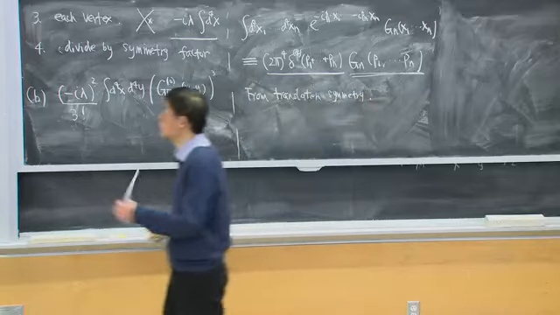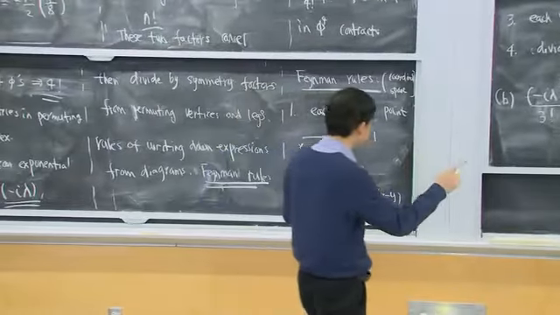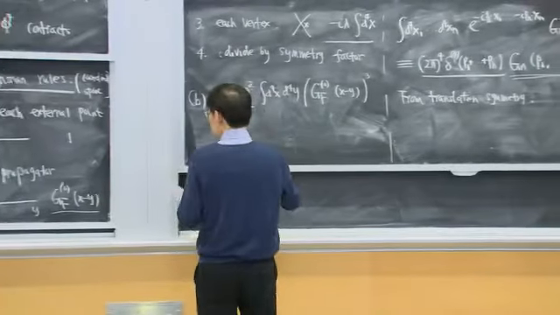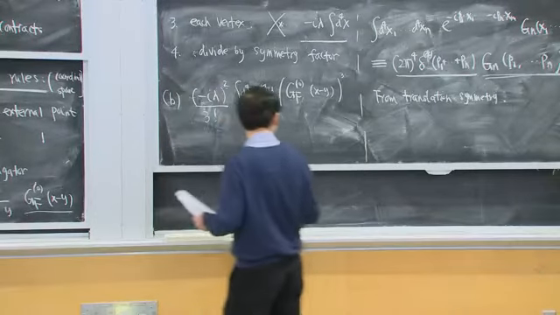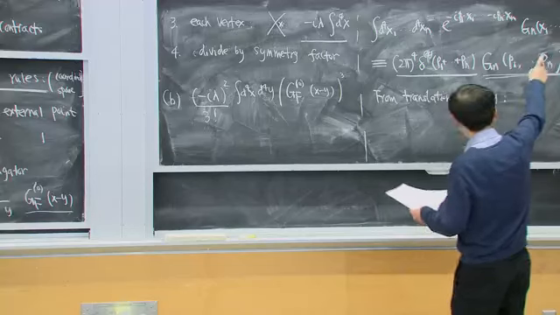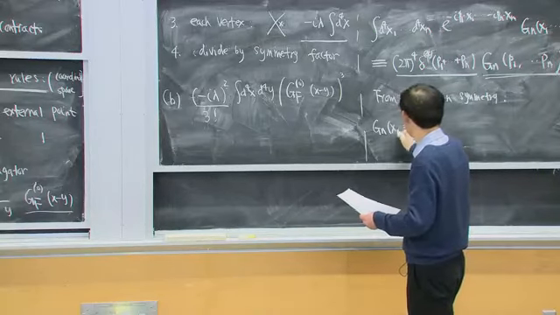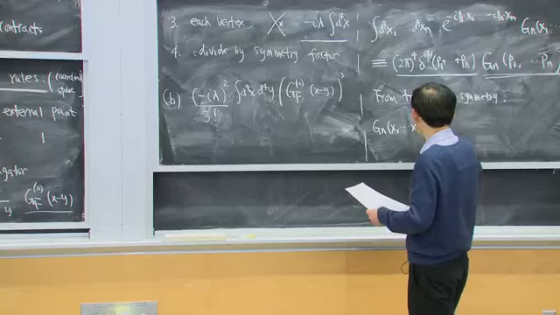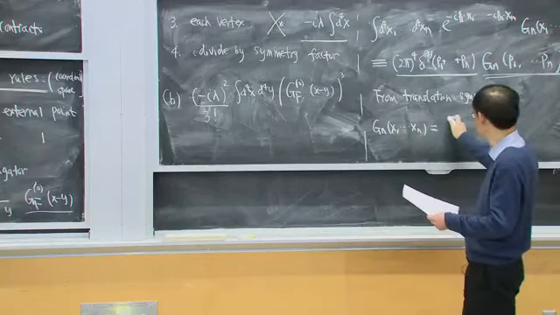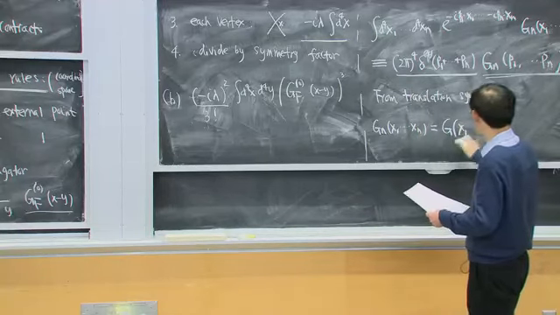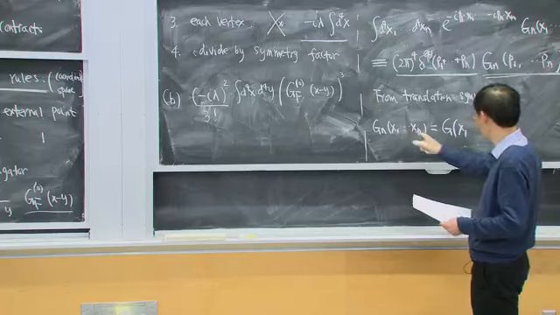By the same argument that the 2-point function of x1, x2 should only be a function of x1 minus x2, for the n-point function from the translation symmetry, you can just take one point to be the reference point.